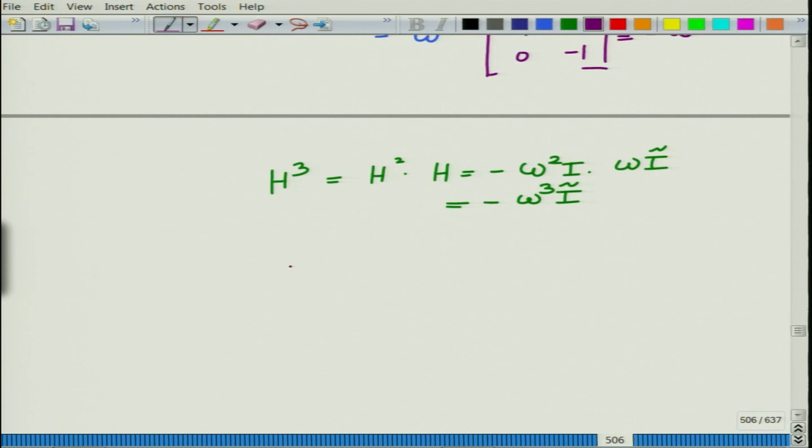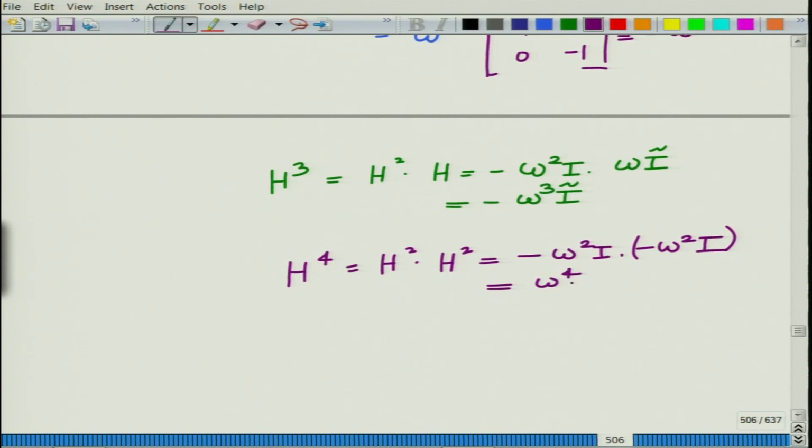H to the power of 4 equals h square into h square. This is minus omega square times I into minus omega square times I. So, you get back omega raised to the power of 4 I. H to the power of 5 equals h 4 into h, which equals omega raised to the 4 I times omega I tilde.